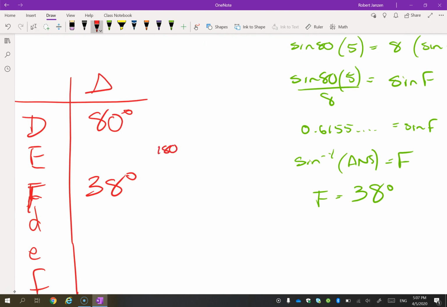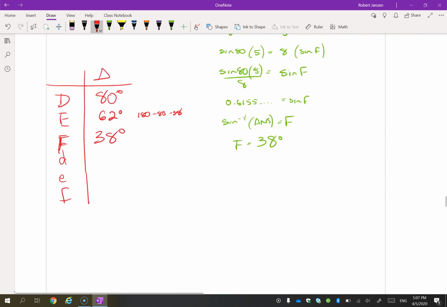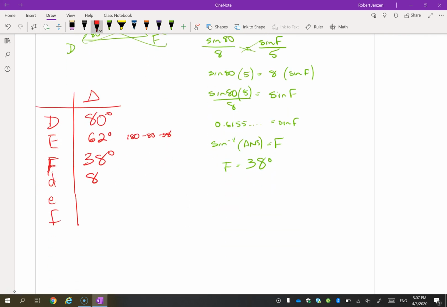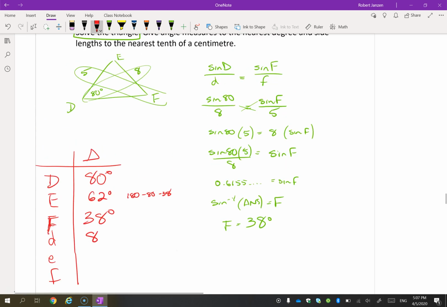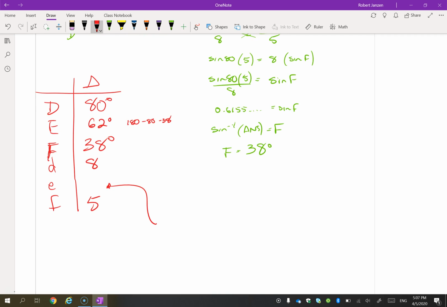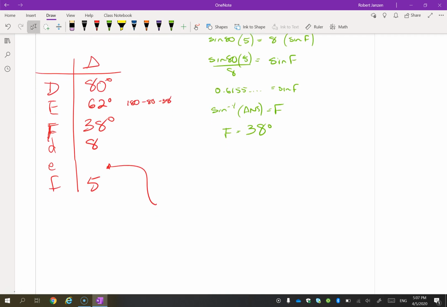This is 180, take away 80, take away 38. So this should be 62 degrees. It gives us that D is 8. We know that F is 5. How do we find E? Can you use Pythagoras? No, because it's not a right triangle.